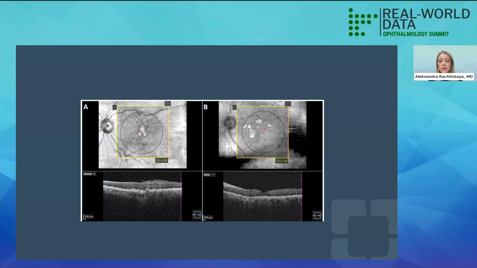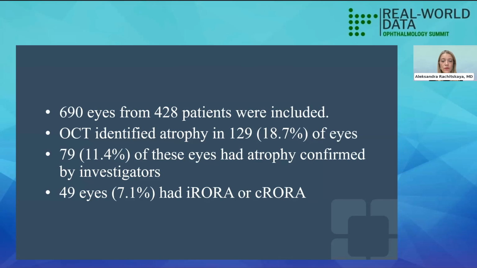So we were able to determine the area and also the shortest distance from the lesion to the center of the fovea. And what we found is that out of 690 eyes, OCT identified atrophy in 129 of them. When we went and looked at those areas, we confirmed that in 79 of these eyes, there was atrophy.